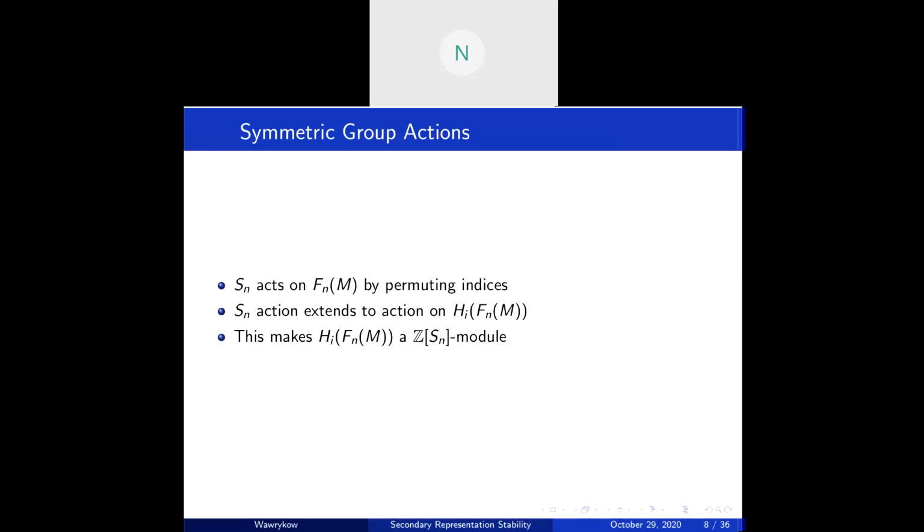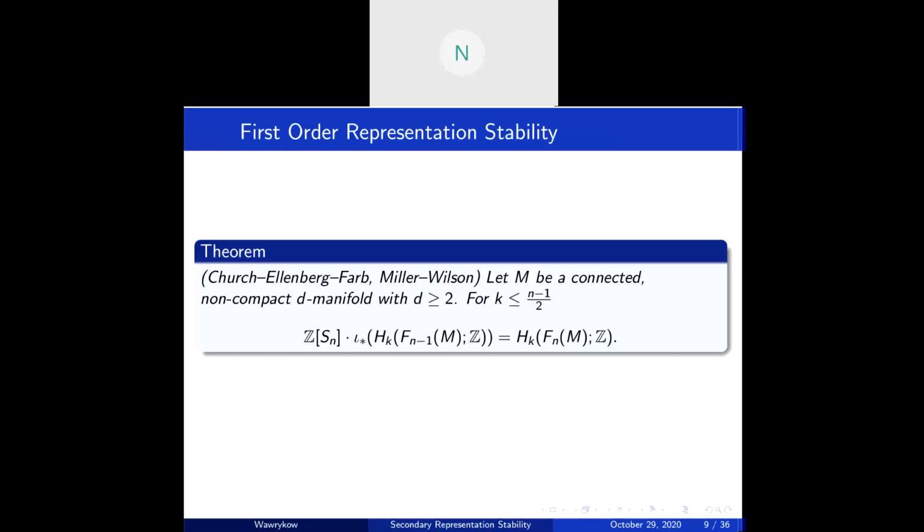So now we're able to state a rough idea of what first order representation stability is. This is a theory of Church and Farb, and Church, Ellenberg and Farb in the oriented case, and Miller and Wilson extended that to the unoriented case, I believe.